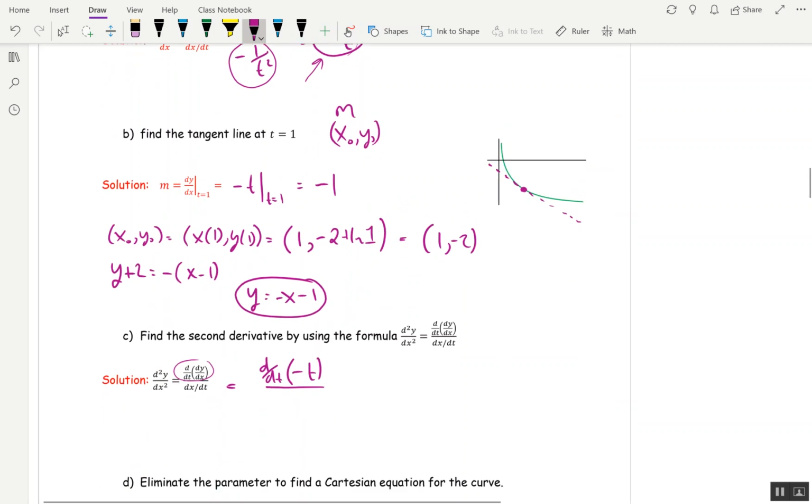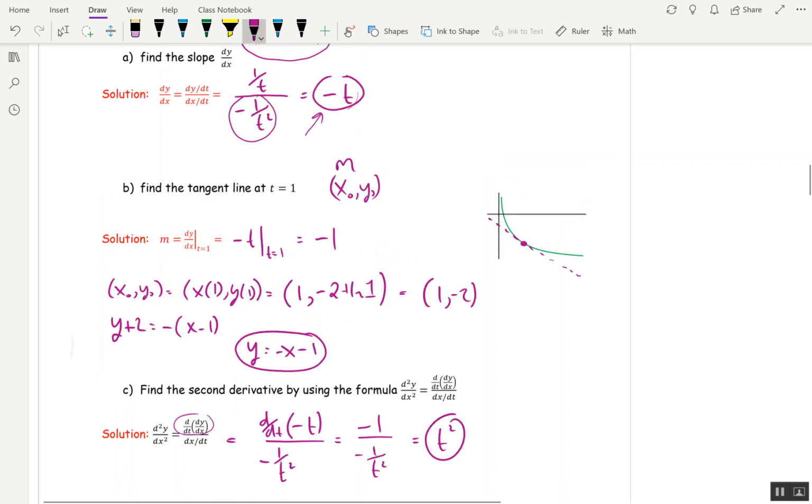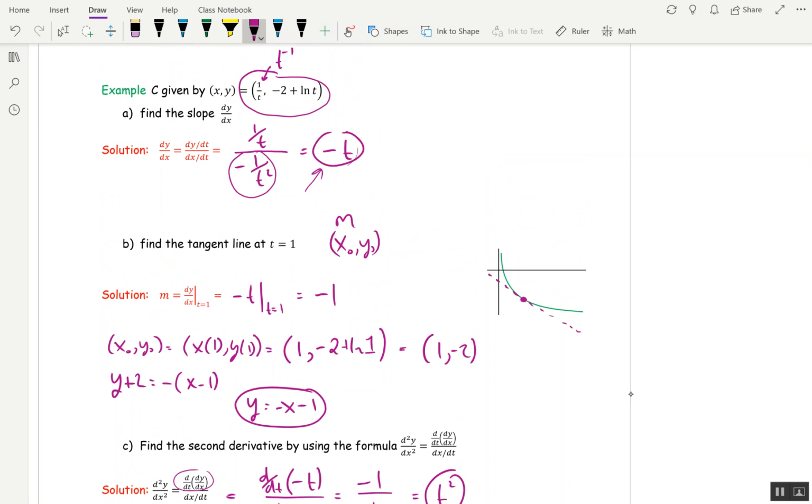It's negative 1 over t squared. So I take the derivative of negative t to get negative 1, and that's over negative 1 over t squared, which is t squared. So you have to take the derivative of the answer in the first part and then divide again by dx dt.